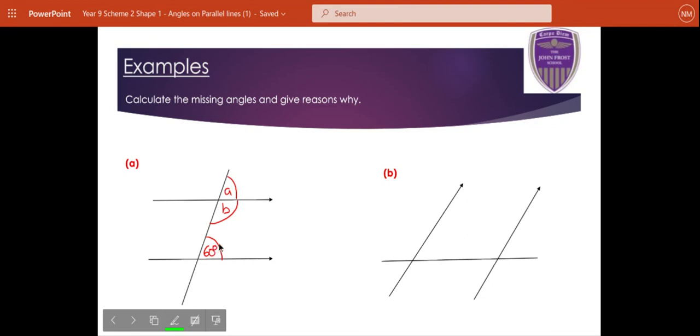Obviously we have to use the 60 degrees because that's the one that we know. And we've only done so far corresponding or alternate angles. What I would always say for these types of questions is 9 times out of 10, the order that you need to answer them in is alphabetical.